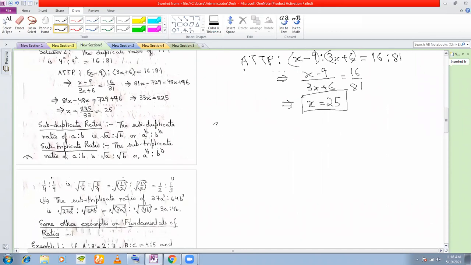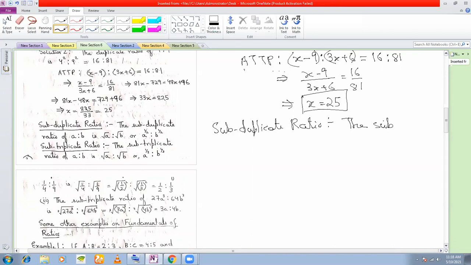Next, you have something called a sub-duplicate ratio. Now, what is a sub-duplicate ratio? In duplicate ratio, if you remember, we were squaring the antecedent and the consequent. Here we take the positive square root of the antecedent and the consequent to get the sub-duplicate ratio.